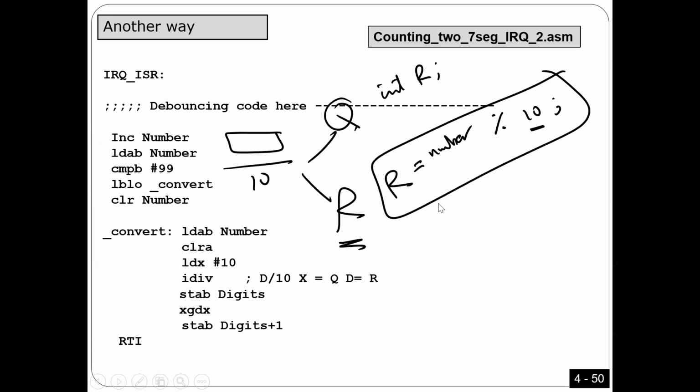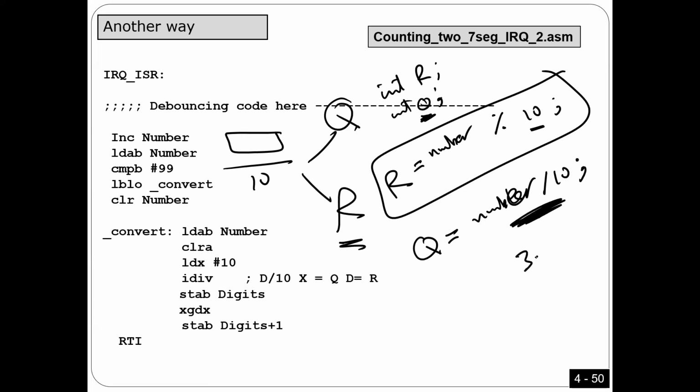Is that okay? How can you get the quotient? If I say Q equal number divided by 10, the number has to be integer. Look here, guys. In C language, if the result of the division is like 3.2, for example, and Q is float, it should be 3.2.